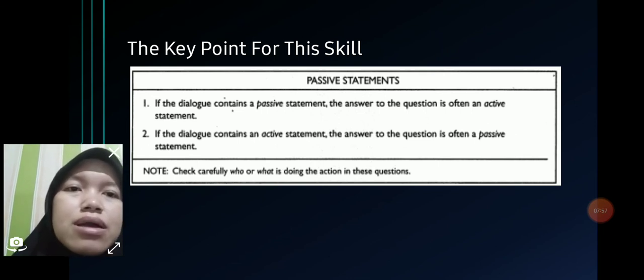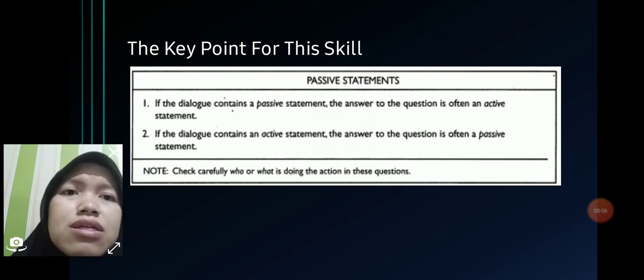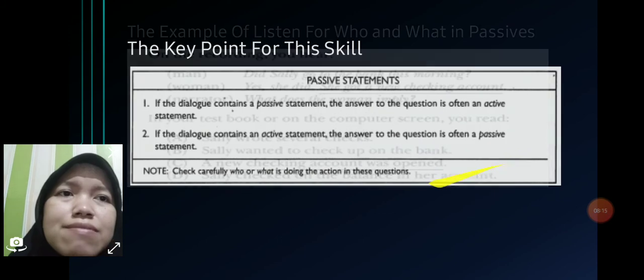And if you get an active statement in the recording, you choose the answer that consists of a passive statement, like that.